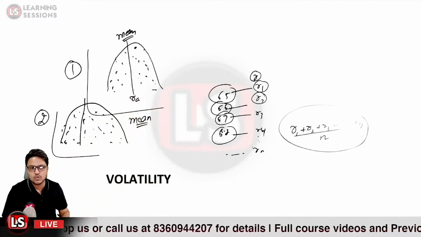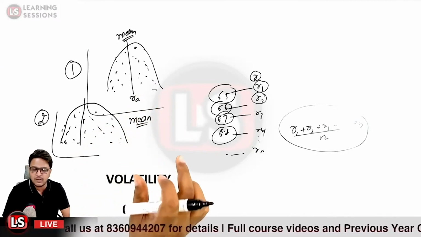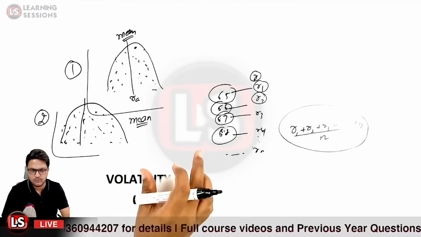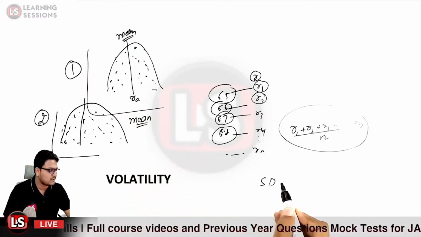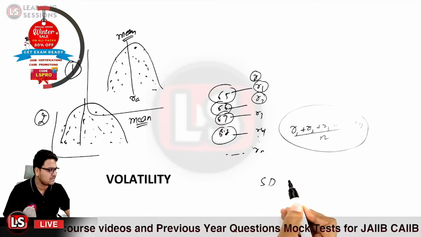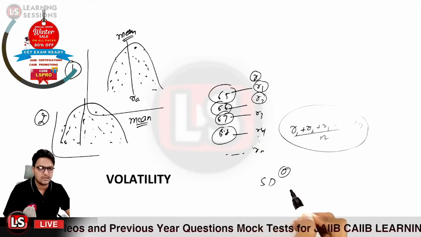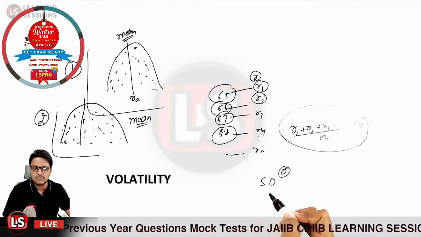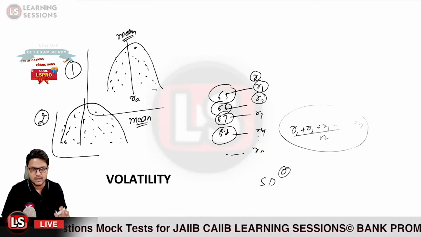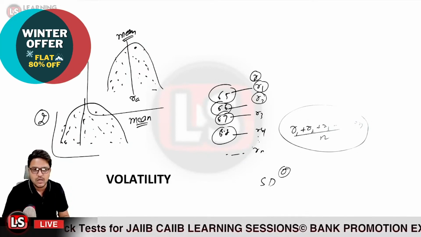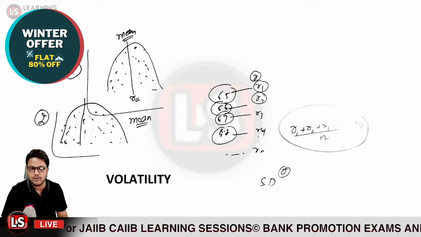Is that clear? So volatility is basically related to what? It is the standard deviation. Volatility is standard deviation, and standard deviation is represented by sigma. And what is standard deviation? Standard deviation is basically the dispersion of the values from the mean value.